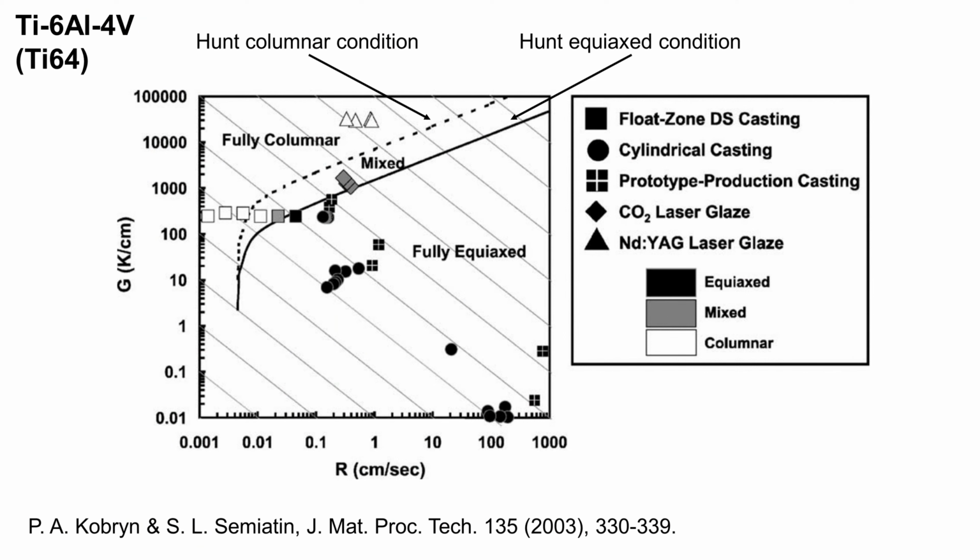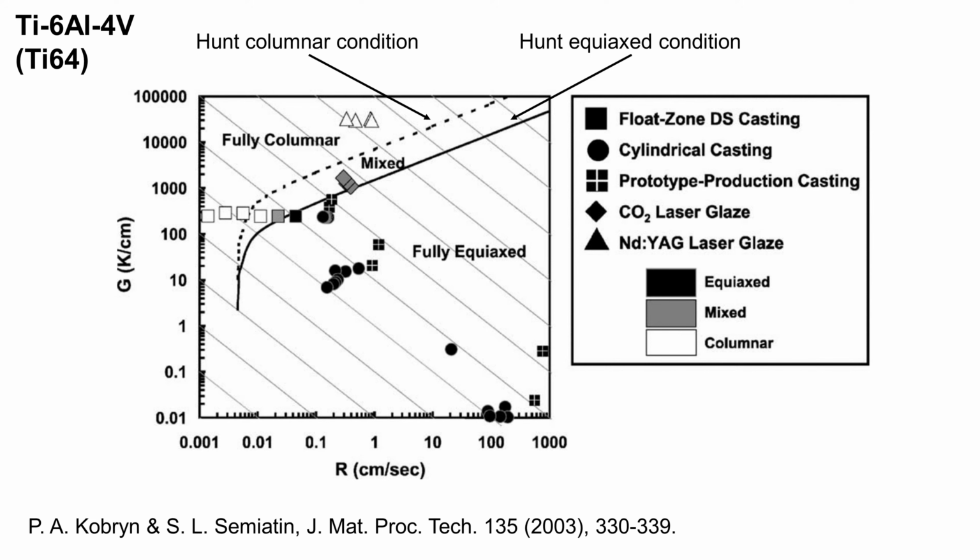The last trick to refine your beta grain structure, keeping your alloy the same, is to change your AM deposition process to change your solidification conditions. That's your thermal gradient and your solidification rate. In the pioneering work by Cobrin and Semiatin, a variety of casting and AM methods were used to produce Ti6-4 samples with varying thermal gradients and solidification rates.